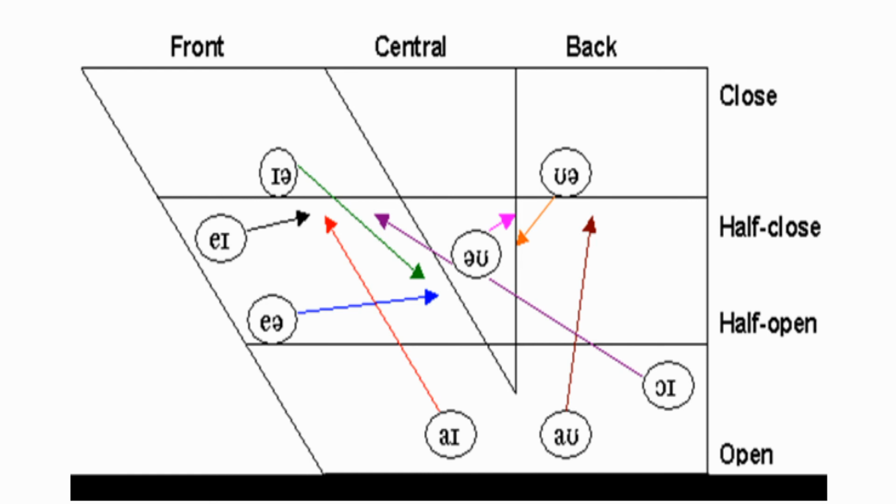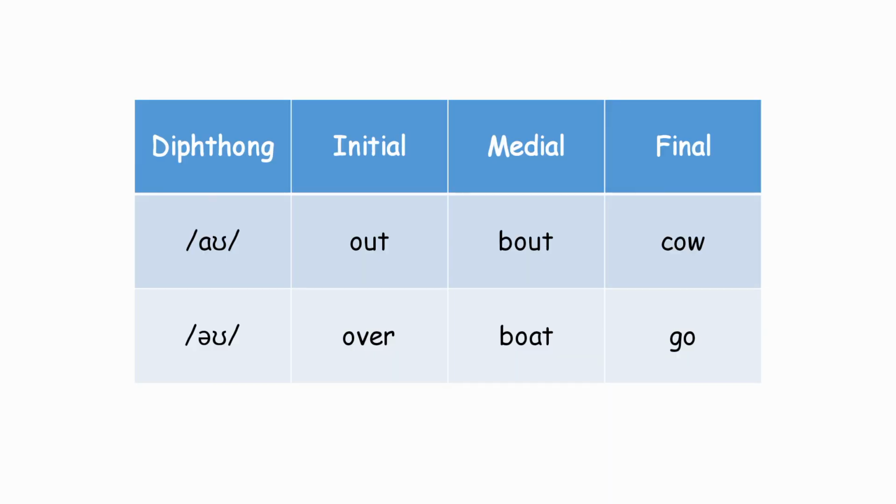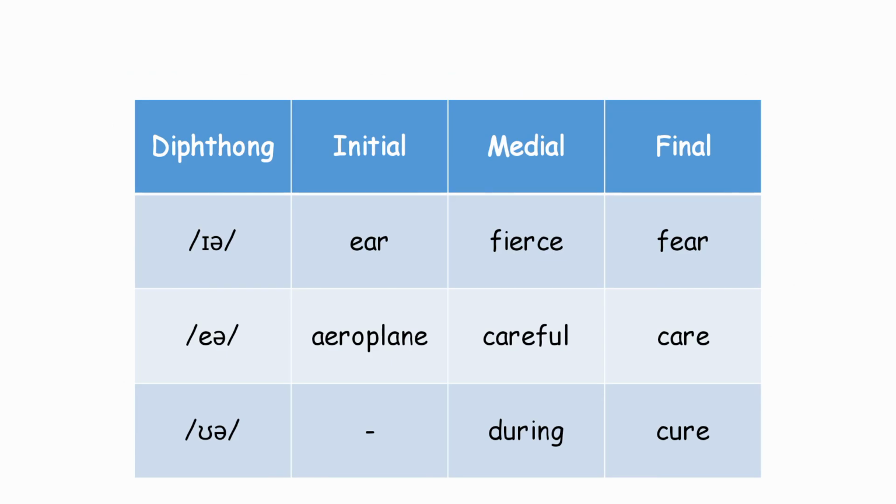Now, see its examples. Yes, second one. It happens initially, medially, and finally. Initially, in the words such as AEROPLANE. People used to say this one as aeroplane. Yeah, it's not that, aeroplane. Medially, it happens in the words such as CAREFUL. Careful, care, careful, care.